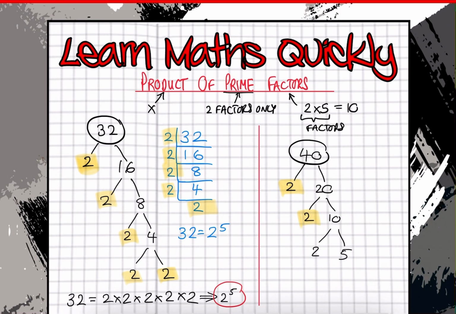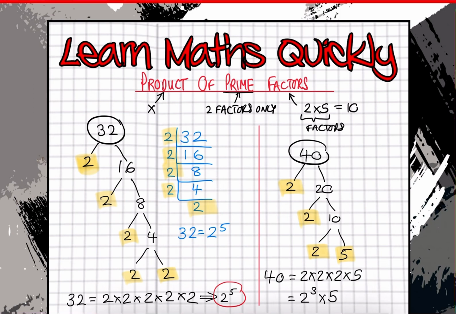Now here, you'll notice that both 2 and 5 are prime numbers, so I can highlight both of them. So we can rewrite this as 40 equals 2 times 2 times 2 times 5. And if we want to make that look sort of neater and use indices, we look how many 2s there are. There are 3, so it's 2 to the power of 3 times by 5.